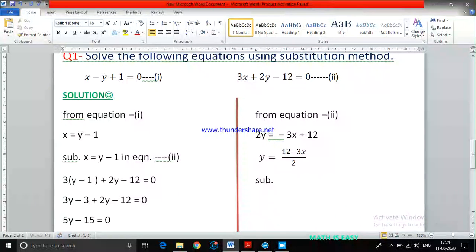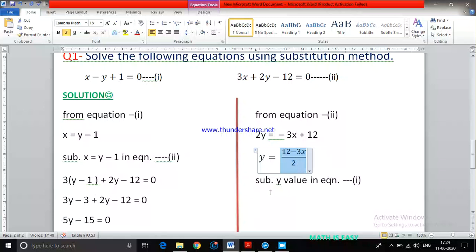So wherever y is there, this is equation number 1, right? So in place of y, I replace this entire term.